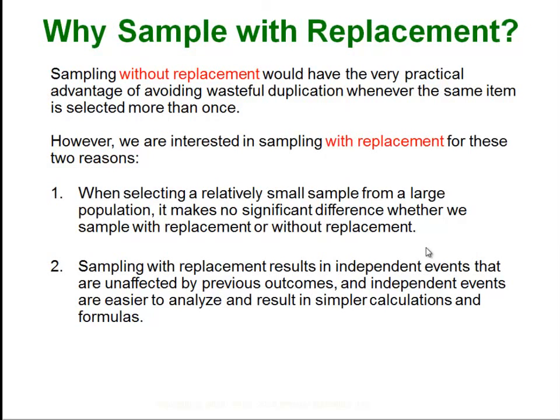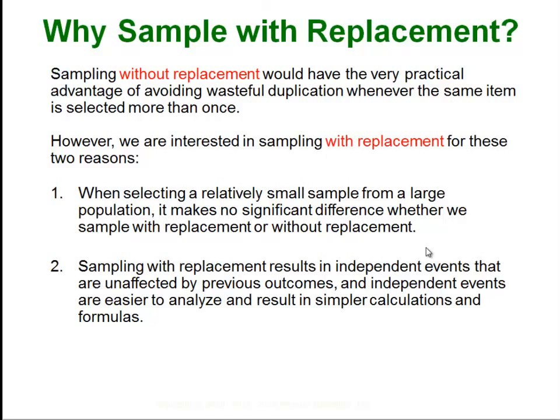Okay, why do we sample with replacement? Well, because sampling without replacement would be easier, right? It would avoid duplicating things, i.e., taking the same data value more than once. But if we're interested in getting these distributions right, we have to sample with replacement because we have to maintain probabilities.